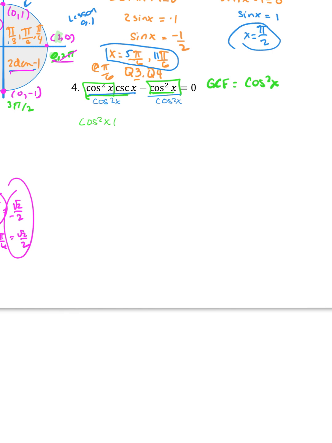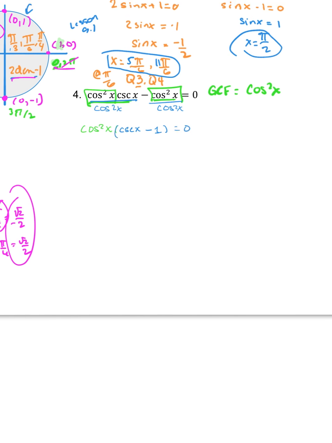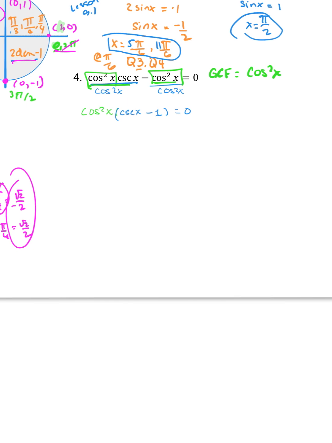So that leaves me with just a cosecant x minus anything over itself is 1. And that's going to equal 0. So now we've got our factors. Now set everything equal to 0. And so we have cosine squared x equals 0. Cosecant x minus 1 equals 0.